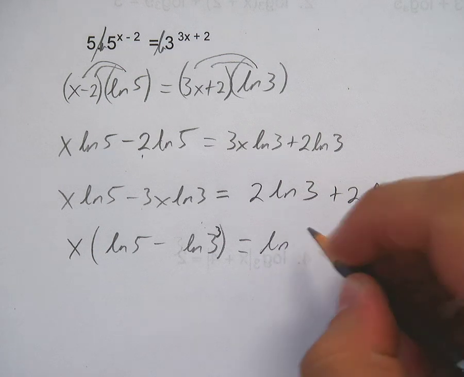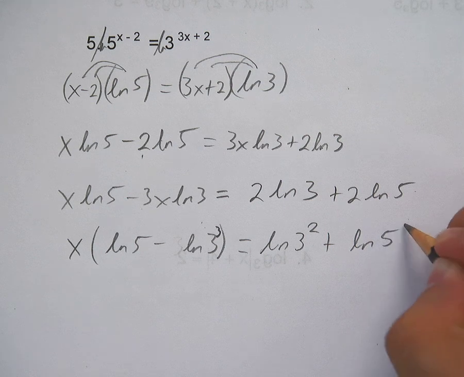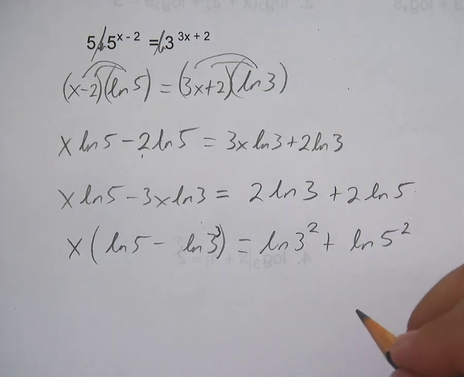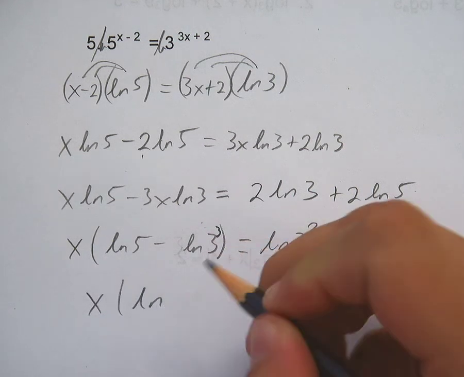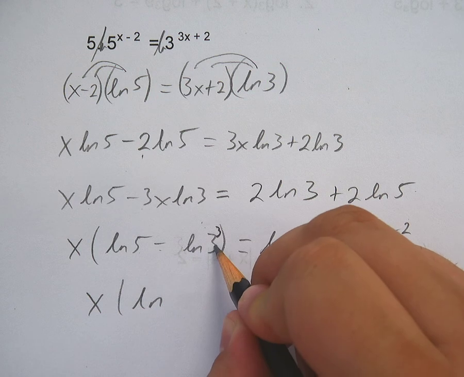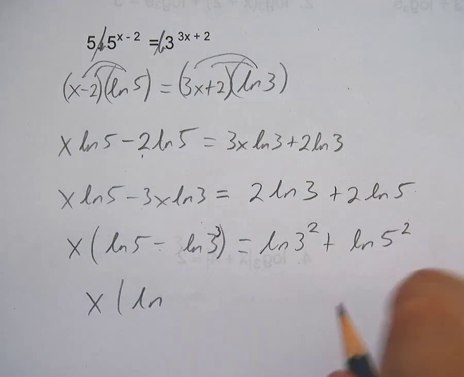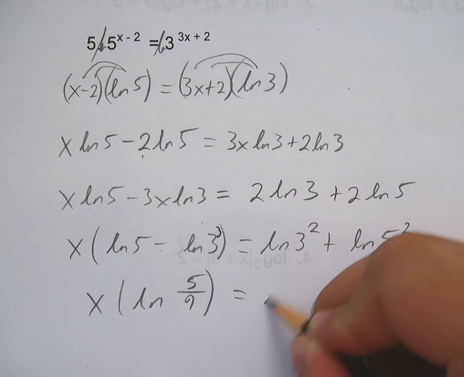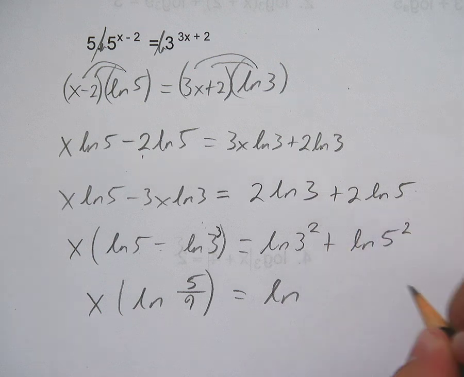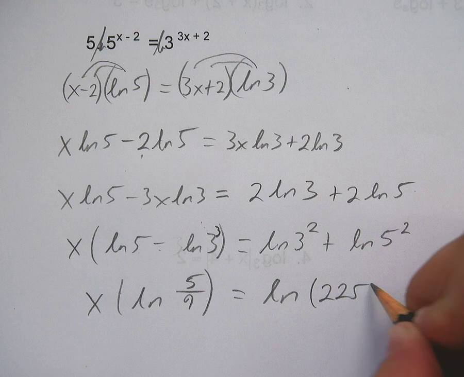This is the natural log of 3 squared plus the natural log of 5 squared. And you can simplify that down to being x times the natural log of 5 divided by 9, if you'll excuse that, equals the natural log of 9 times 25, which is 225.